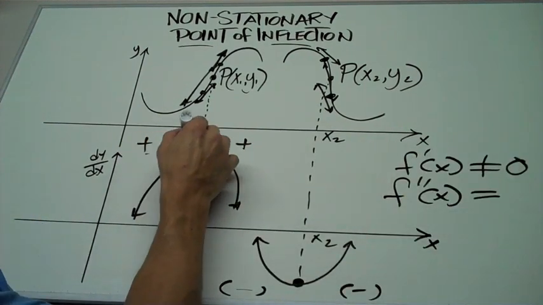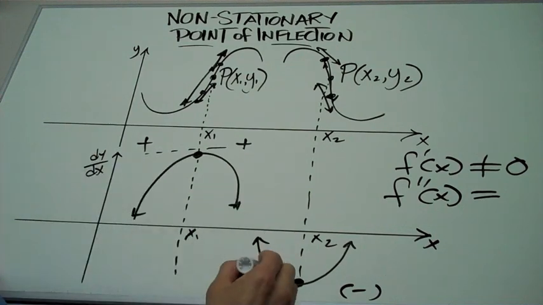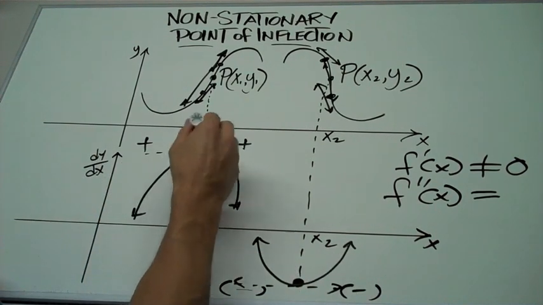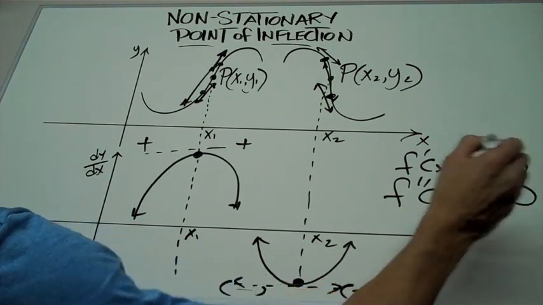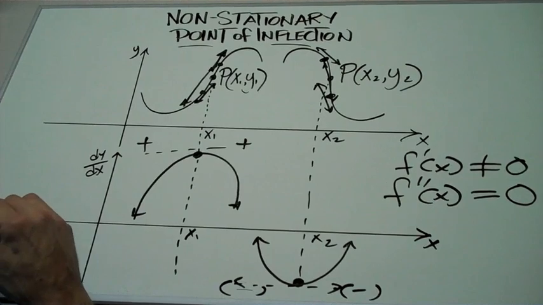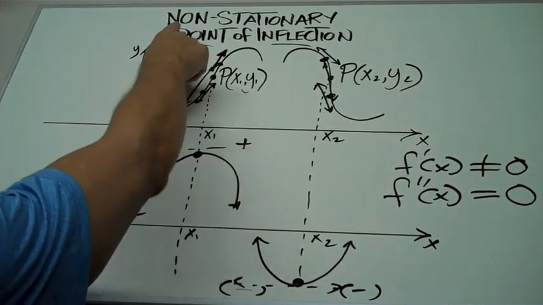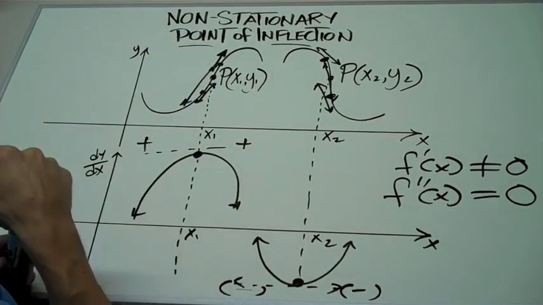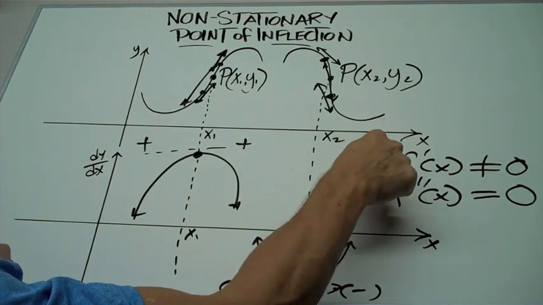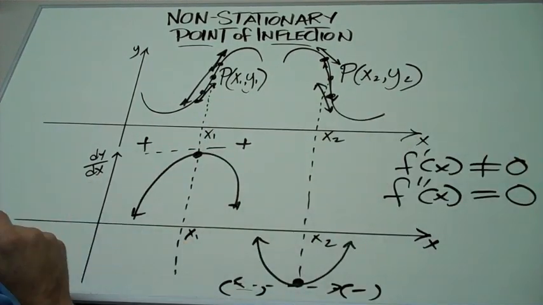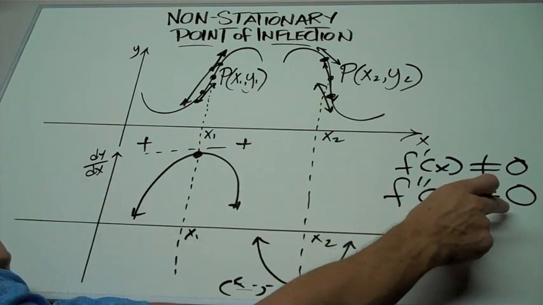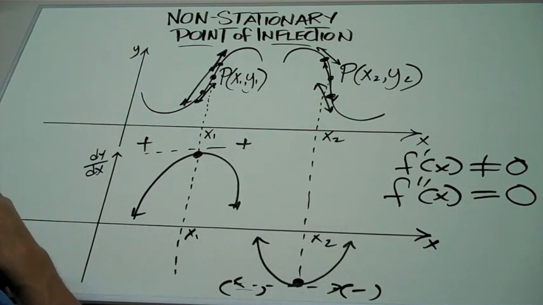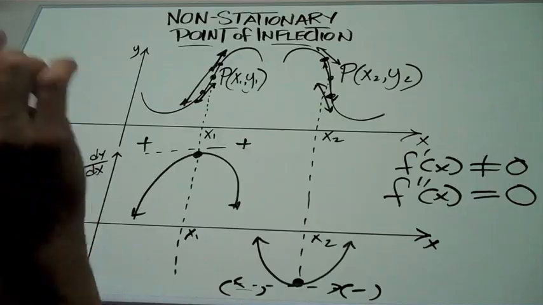Well, in this case, if I took the derivative of the derivative, I'd have a horizontal tangent line at this point and this point. So yes, the second derivative is equal to 0. That's sort of the litmus test for me if we have a non-stationary point of inflection. I want to make sure that the first derivative is clearly not equal to 0, and the second derivative must equal 0. That's a non-stationary point of inflection.